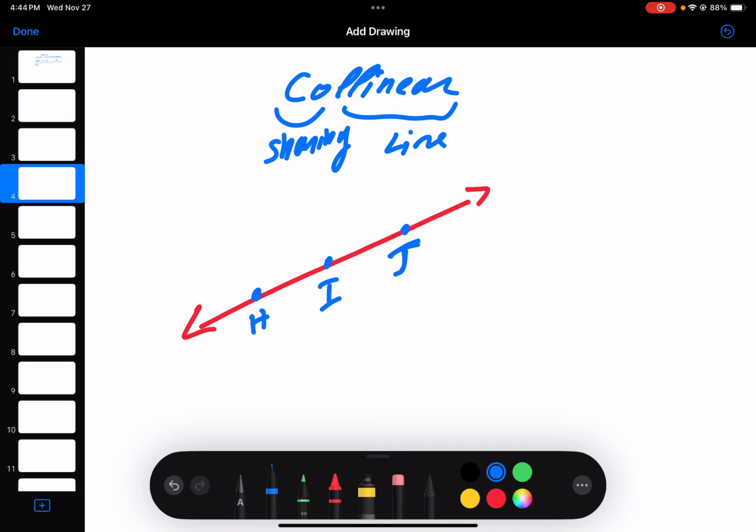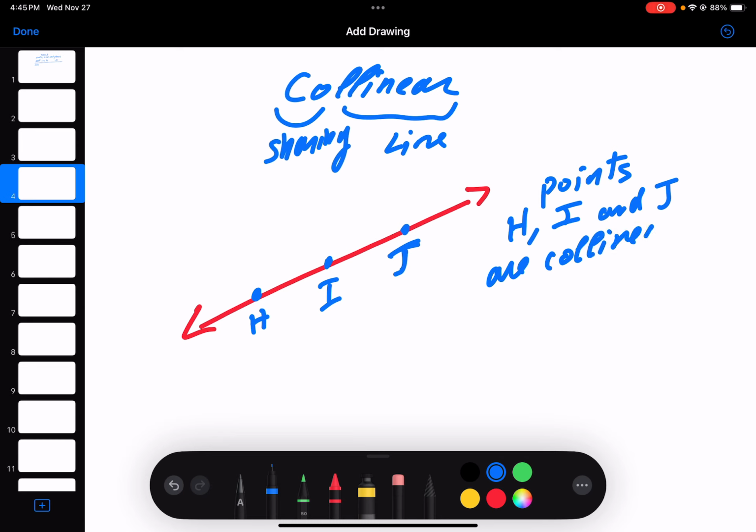H, I, and J. So we can say that points H, I, and J are, you guessed it, collinear, because the 3 points reside on the same line. Okay, let's take another example.